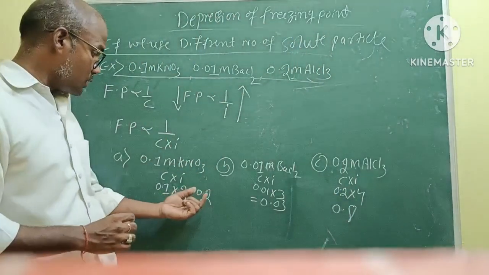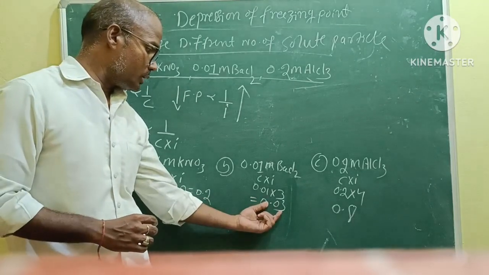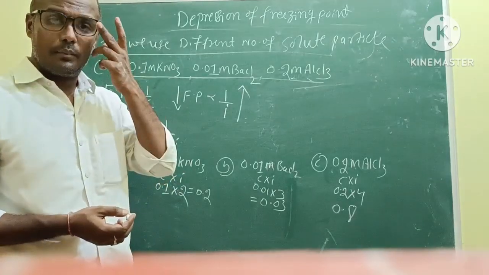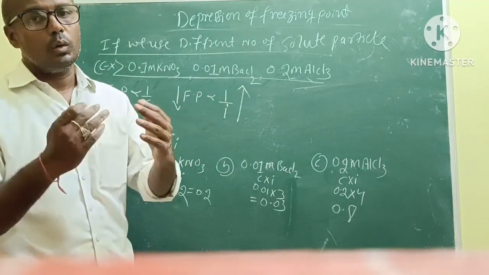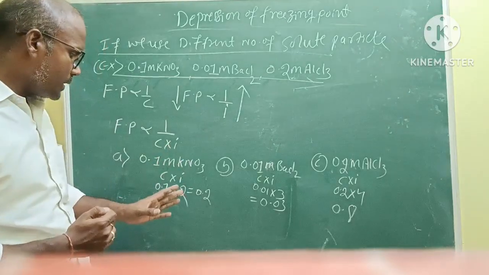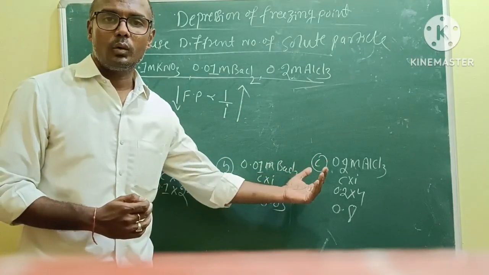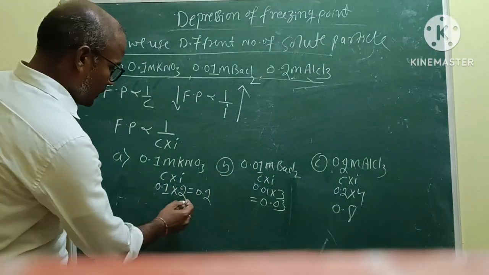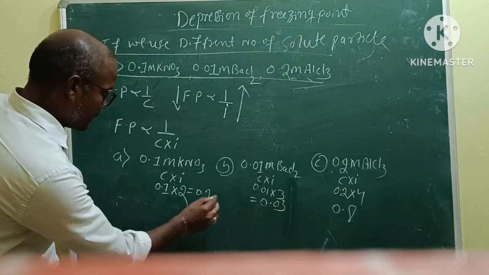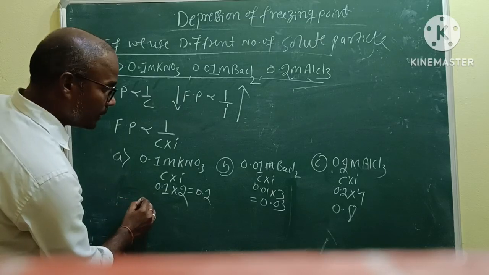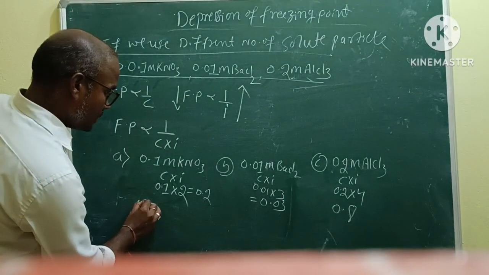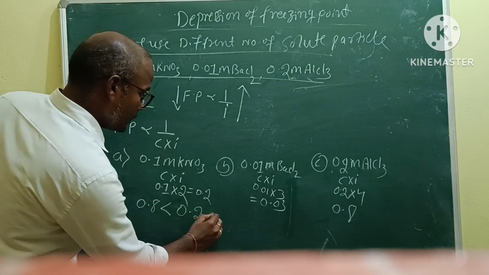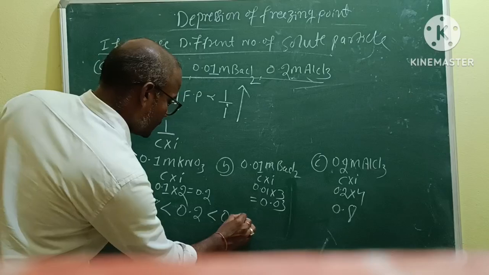So tell me, students, among 0.2, 0.03 and 0.8, which one is the most concentrated? The high concentrated solution has a lower freezing point, and the low concentrated solution has a higher freezing point. So in increasing order of freezing point: 0.8, then 0.2, then 0.03.